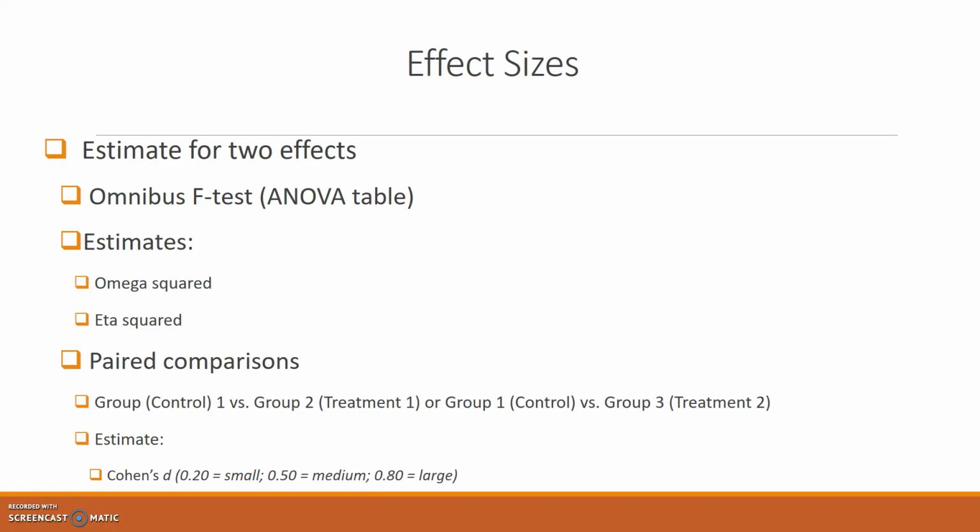One is omega squared. This would be the preferred estimate. There are supplemental slides within the module that go through how to estimate this. And there's eta squared, which is provided within many statistical software packages like SPSS.